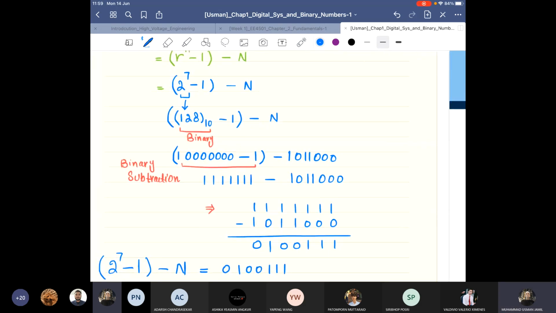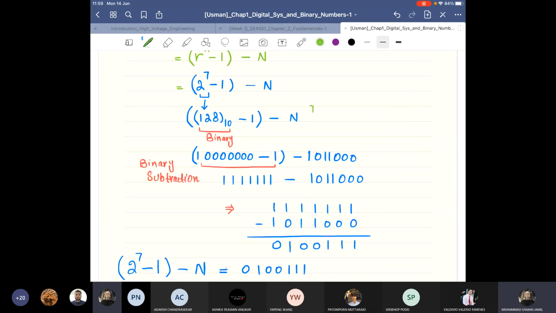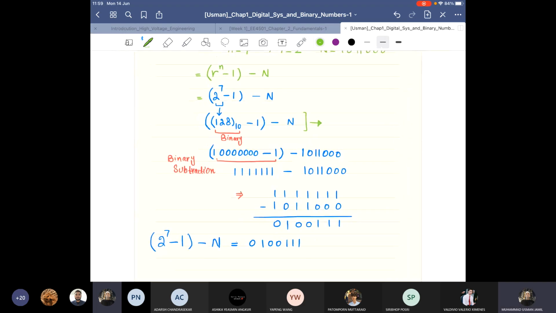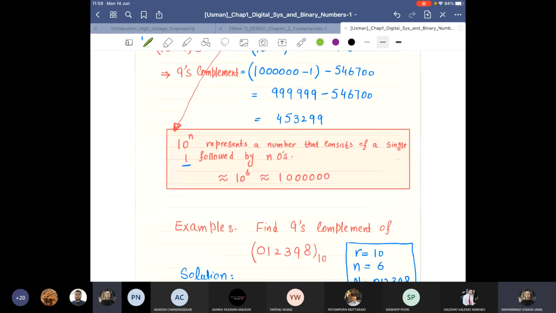And now if you don't want to do this step, or maybe if you do this one, so 2 power 7, you remember here I mentioned tens complement here. Tens complement represent a number that consists of a single one followed by n zeros.